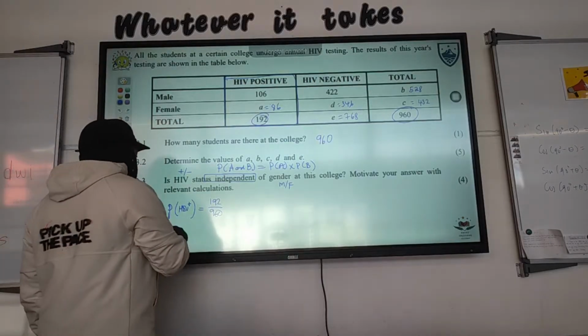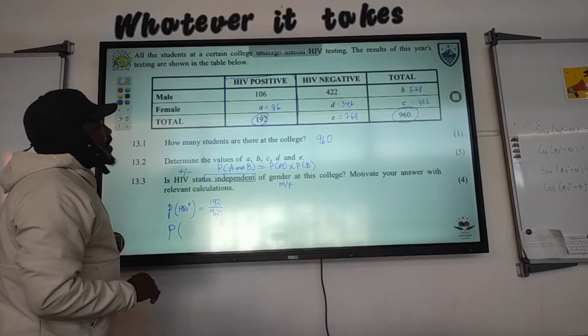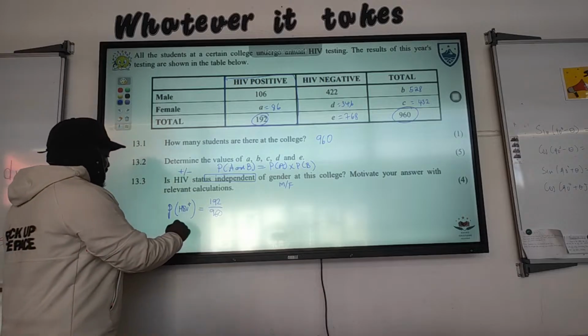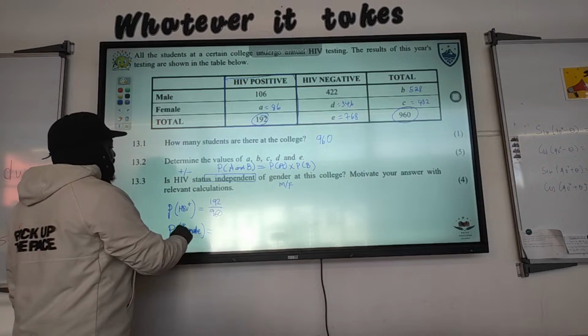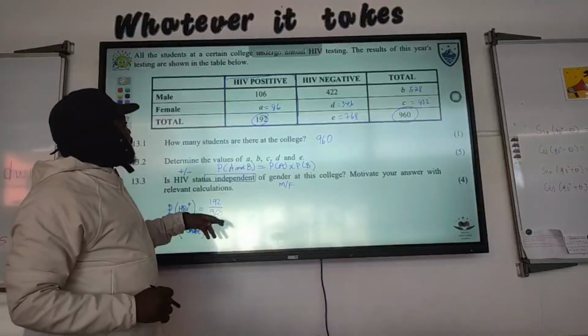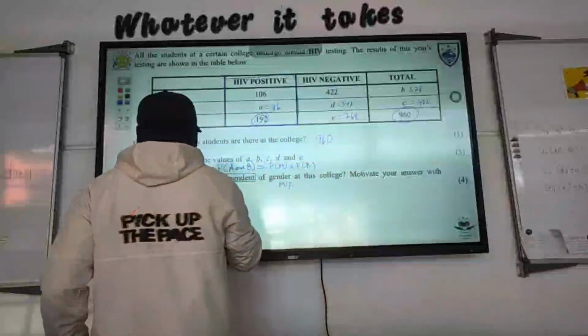And then for gender, let me pick female this time. Female will represent my gender. The total number of females is 432.